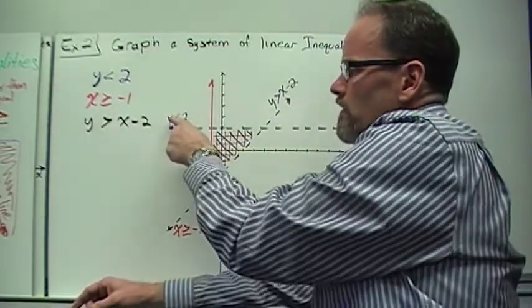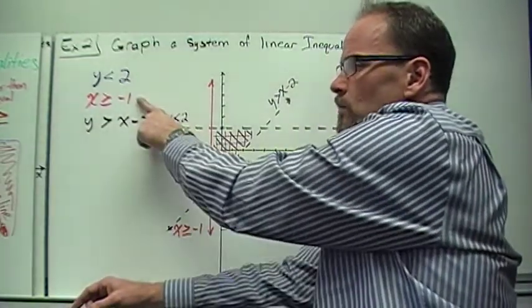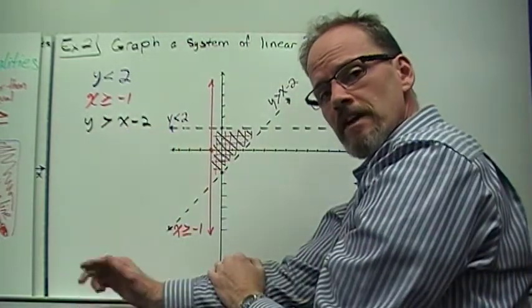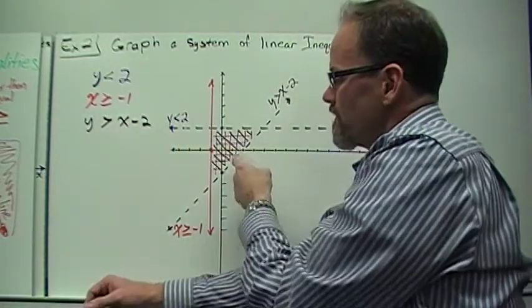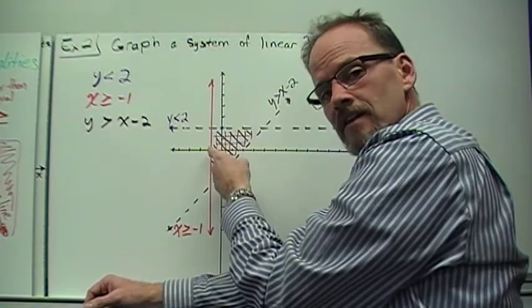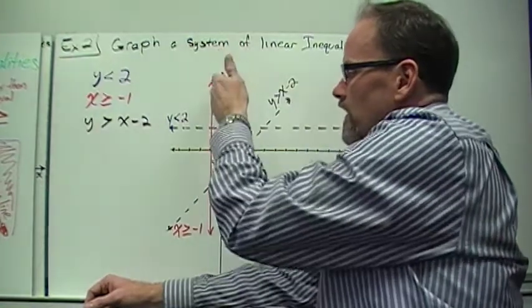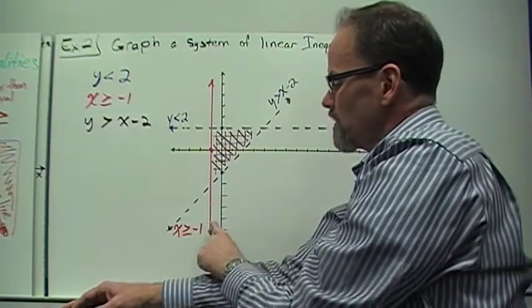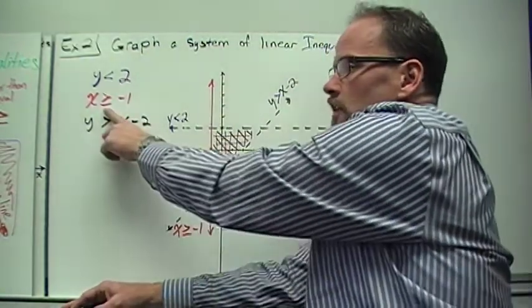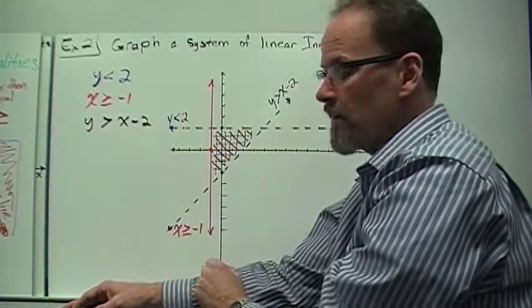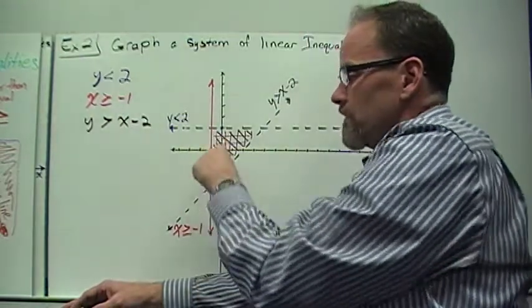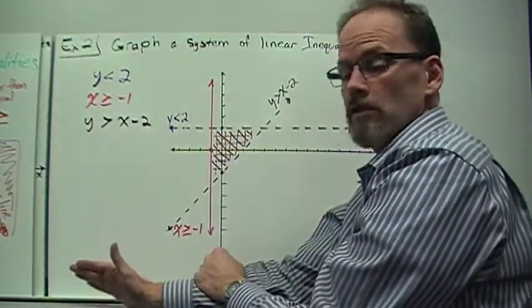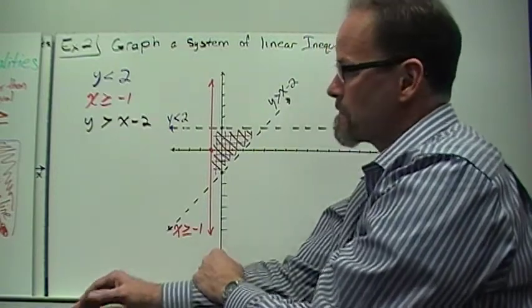It says less than, so I'll leave that right there. I go to the next one, x greater than or equal to -1. I find -1 on the x-axis, and I have a vertical line, which is undefined. Notice how this line is solid. Solid because I have an equal sign, and it does include -1 as a solution.